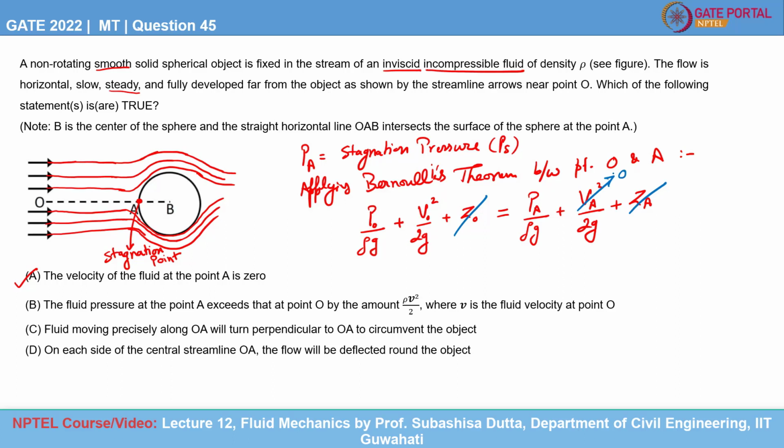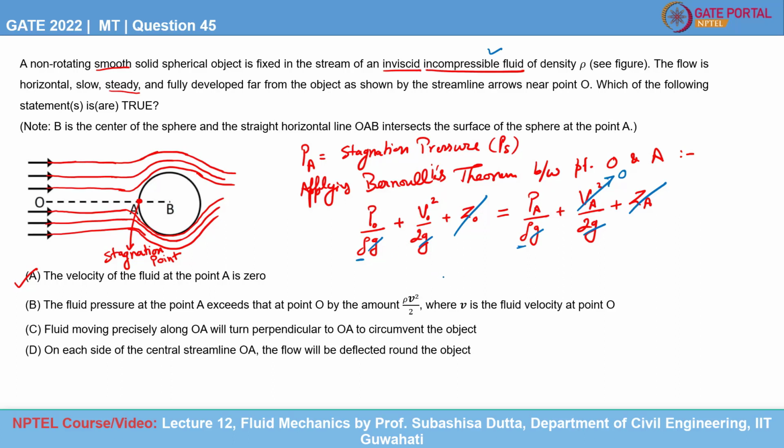Also, it is an incompressible fluid, so pressure won't have any effect on density. So density at point O and density at point A will also be equal. Since g is common on both sides, we can cancel g on both sides.